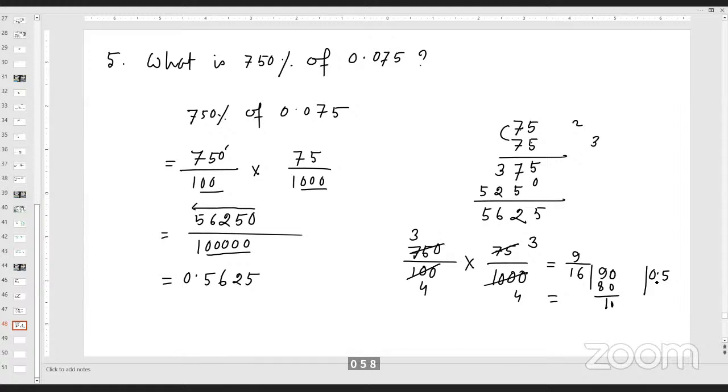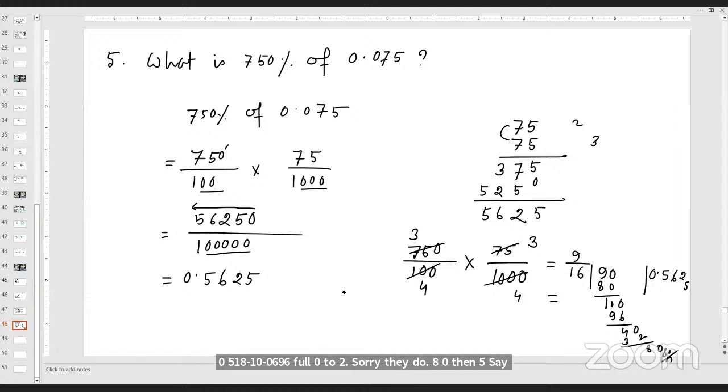So again, the answer is going to be the same. If you're asked to write down the answer in decimal fraction, then don't go for the cancelling. Directly go, because you have so many zeros over there. Division is very simple. Once you're done with the multiplication, your answer is in your hand, right?